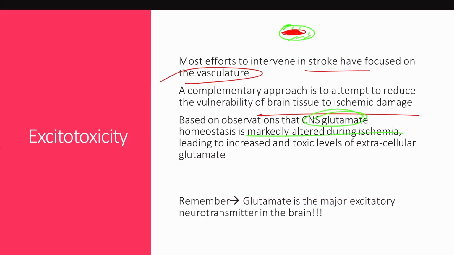What is glutamate? Is it excitatory or inhibitory? Excitatory. Glutamate is excitatory, so it's going to excite the tissue around it. But the tissue around it is already stressed. It's already ischemic. So by making it more excitable, are you making it worse or better? Making it worse. We know that now because of these rising levels of glutamate.